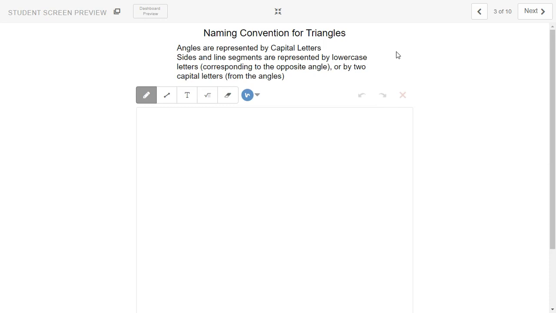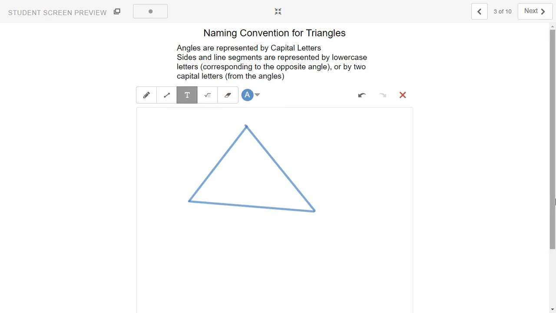Great. Just a side note about the naming convention for triangles. When we're talking about triangles, one of the main ways that we talk about angles is using capital letters.